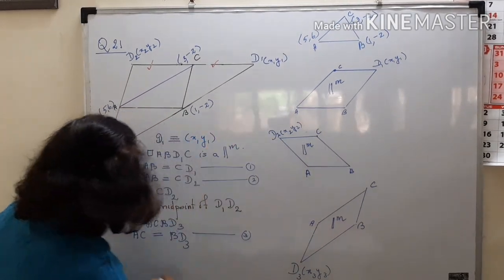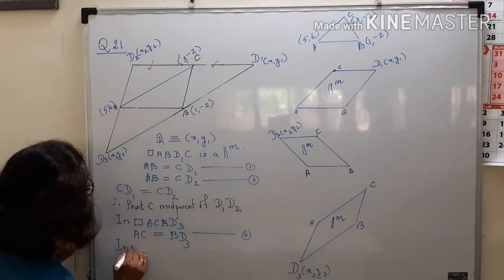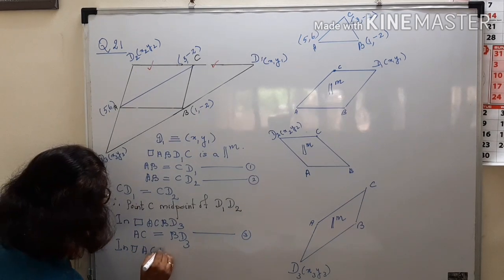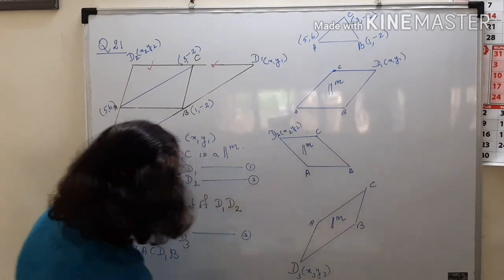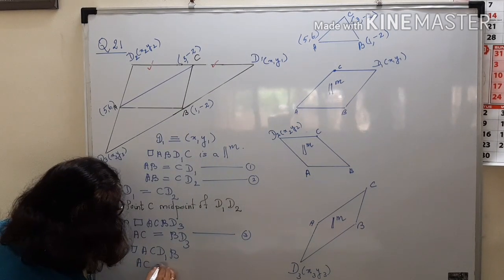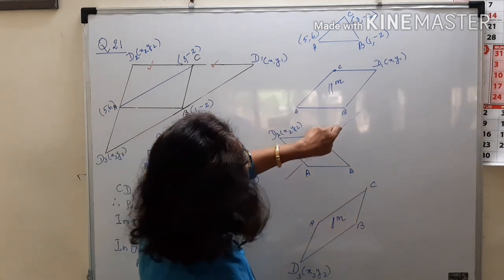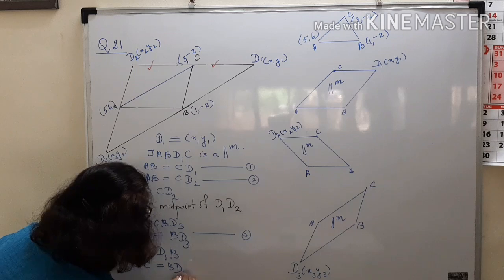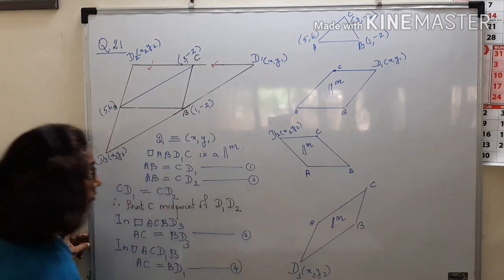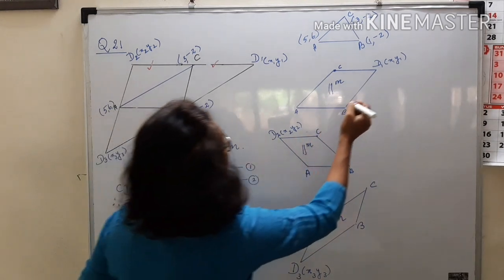In quadrilateral A, C, D1, B, one of the sides is AC. AC is equal to BD1, from 3 and 4.